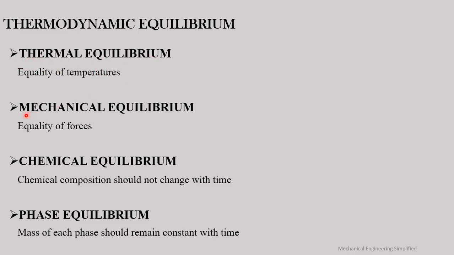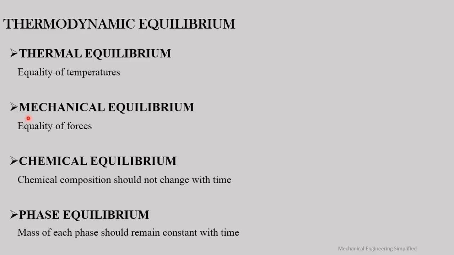Then mechanical equilibrium, that means equality of forces, or the forces arising due to pressures. That means the pressure should be the same at each and every point of the system, and should not change with time.